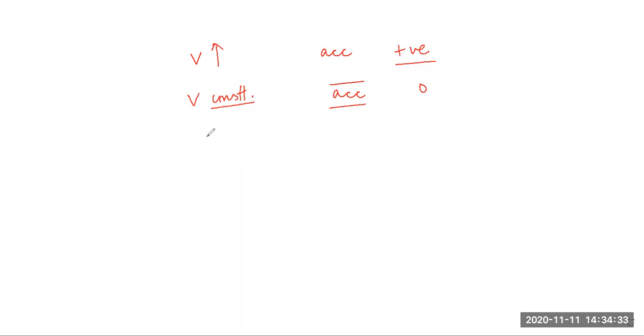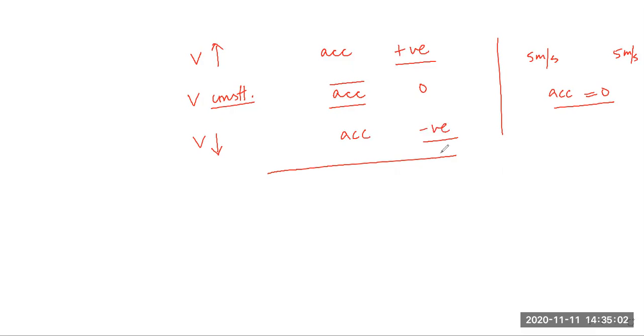Mark, are you sleeping? We have done a sum. Initial velocity is 5 meter per second. Final velocity also 5 meter per second. That means velocity is constant. So acceleration will be 0. And students, if velocity is decreasing, suppose we are applying brakes, velocity is decreasing. In that case, acceleration will be negative. Very good. So we have done this. Very nice. Okay. You can do all the sums of acceleration now.